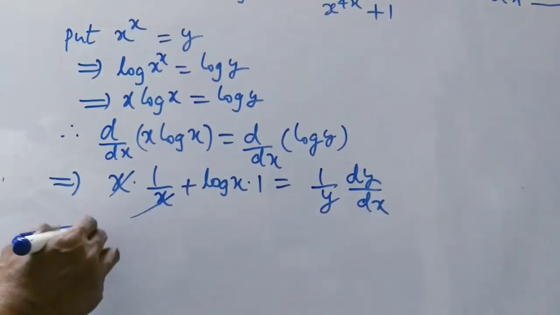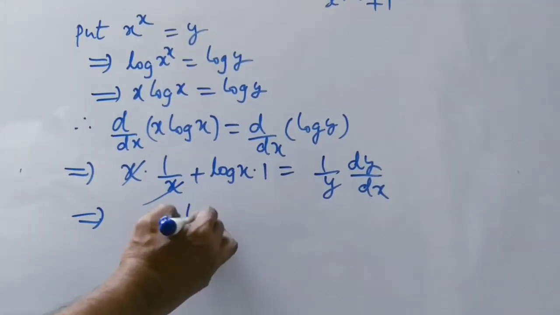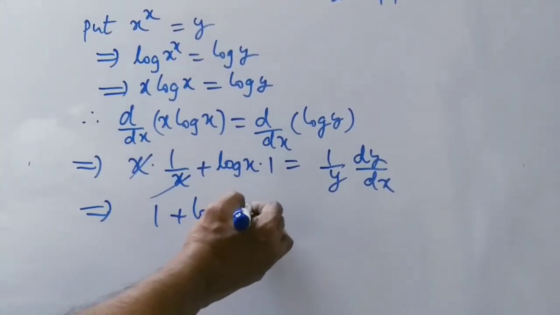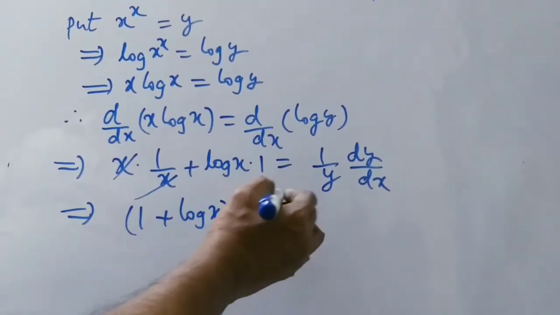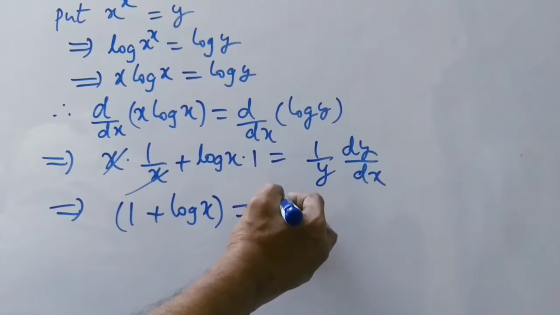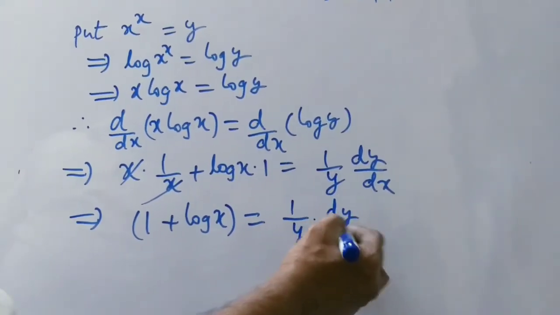Here it becomes 1 plus log x is equal to 1 by y dy by dx.